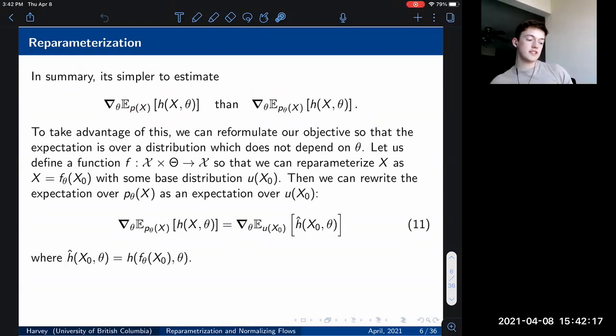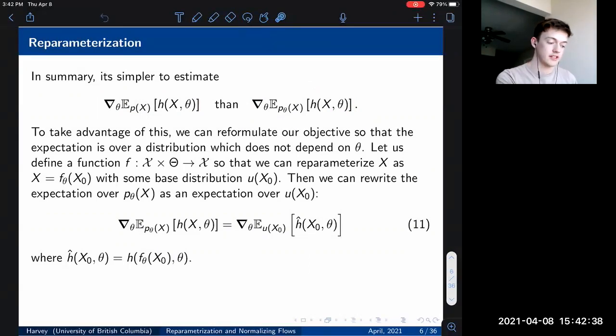The way we do this is very similar, to remind you, to the change of variables rule, in that we're going to take some base variable, which here we're calling x0. We're going to say this is distributed according to a fixed base distribution u, where u of x0.